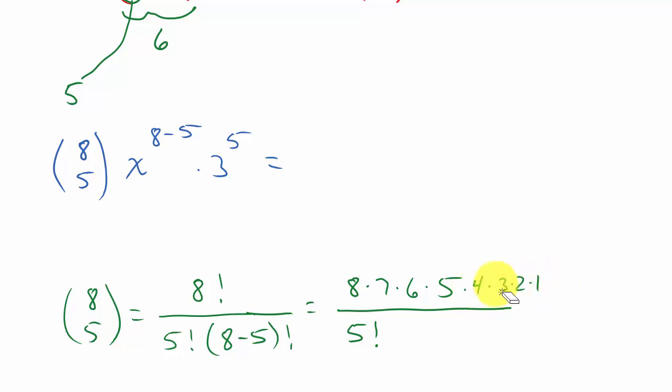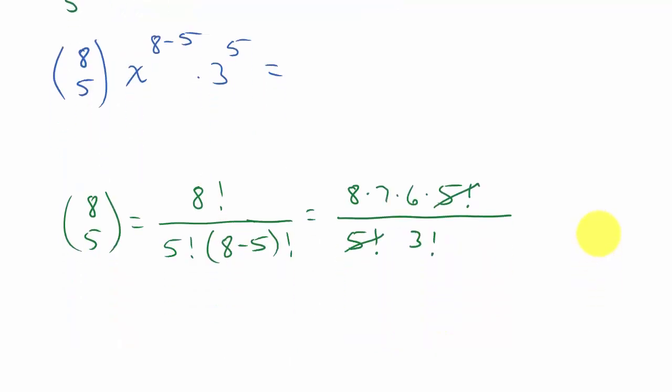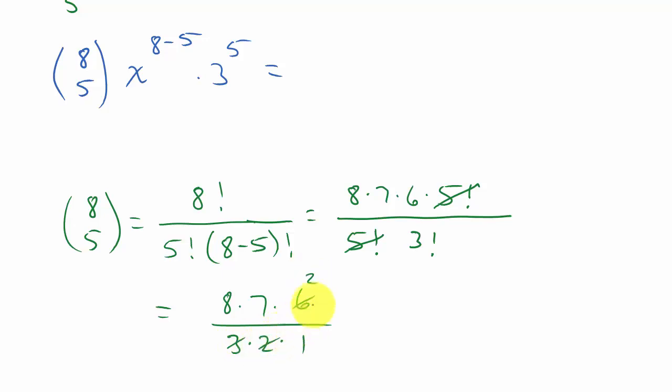But instead of writing it out like that, I'm just going to write that as 5 factorial, and then that's times 3 factorial. You see how the 5 factorials cancel? And so that's going to be 8 times 7 times 6 over, and 3 factorial is 3 times 2 times 1. Well, look, that cancels, and I'm left with 56.